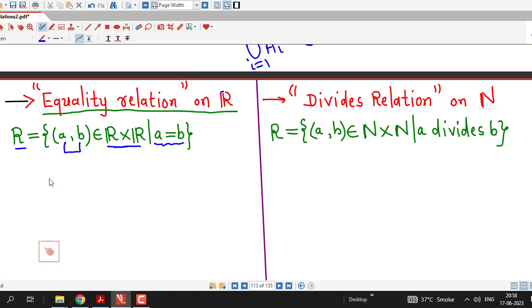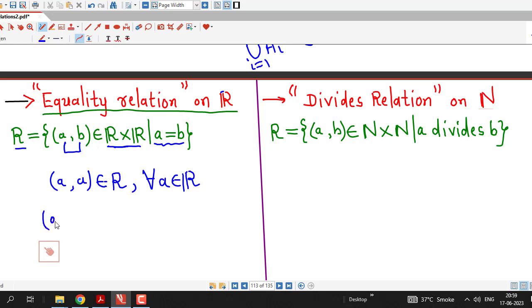Now this relation is reflexive because for any real number A, the ordered pair (A, A) is in relation R. For every A belongs to R, the ordered pair (A, A) belongs to R. Therefore this R is reflexive.